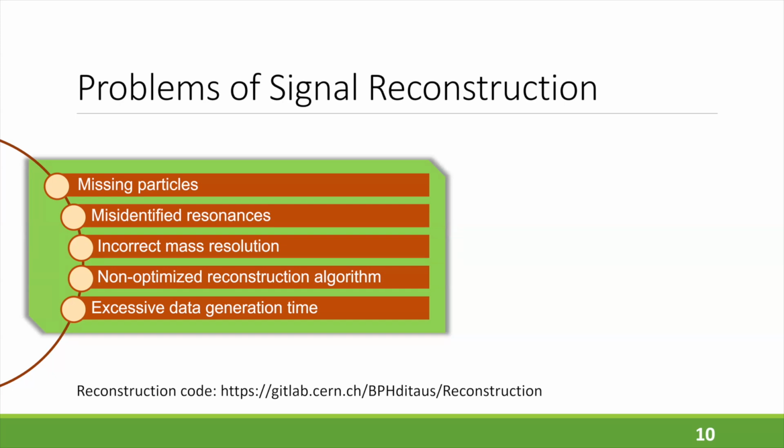The first problem we encountered was the problem of signal reconstruction. There were some problems, for example, missing particles: beam zones occasionally absent from reconstruction. Next, misidentified resonances: K* mesons often reconstructed incorrectly, incorrect mass resolution, and a non-optimized reconstruction algorithm.